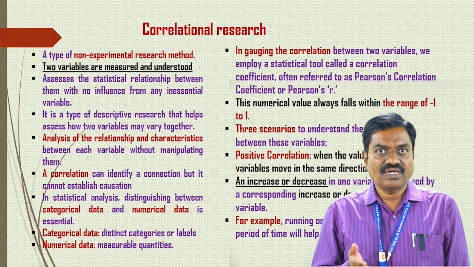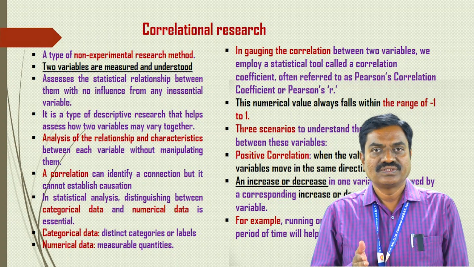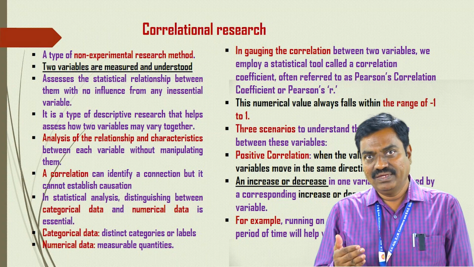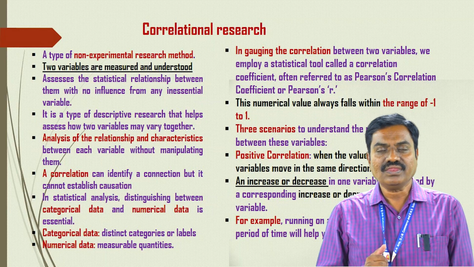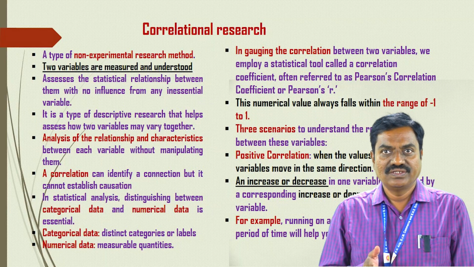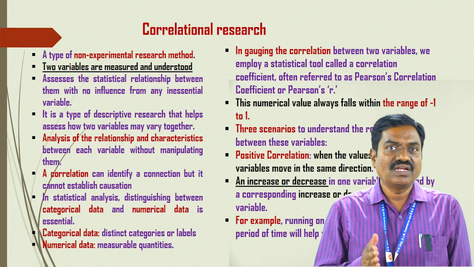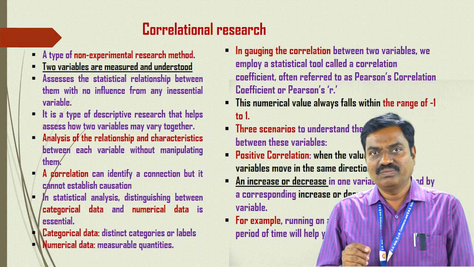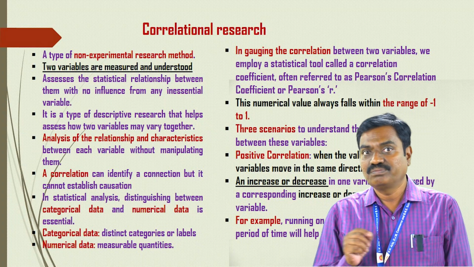Correlational research is a type of descriptive research that helps assess how two variables may vary together. In this research method, researchers analyze the relationship and characteristics between each variable without manipulating them.